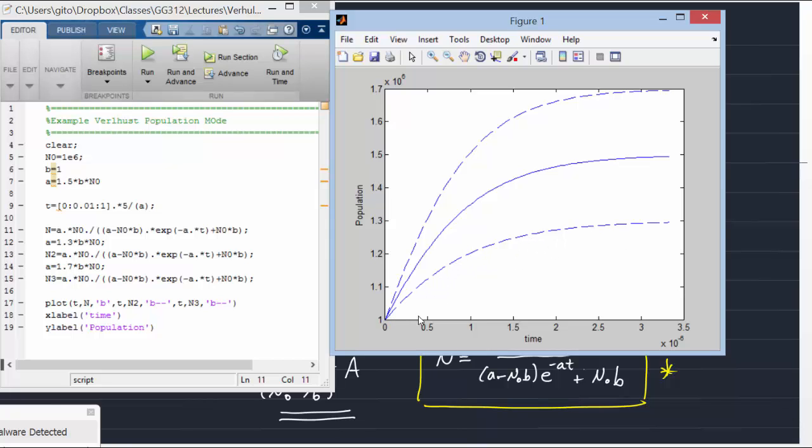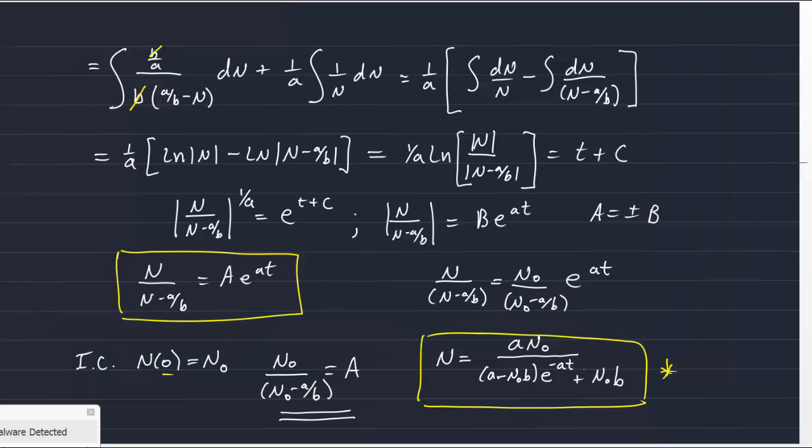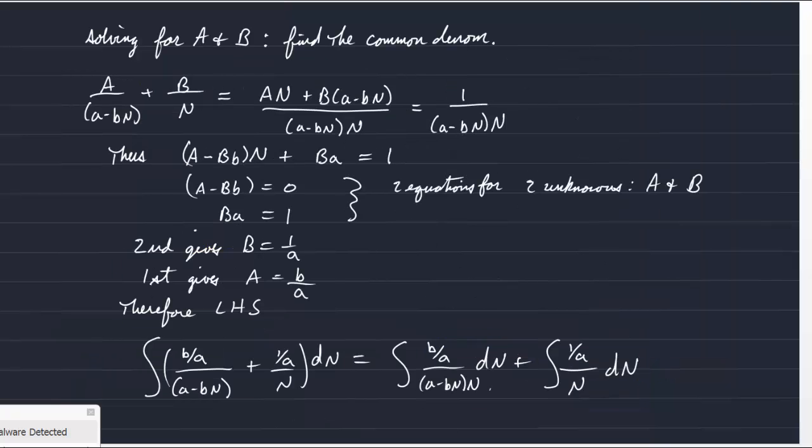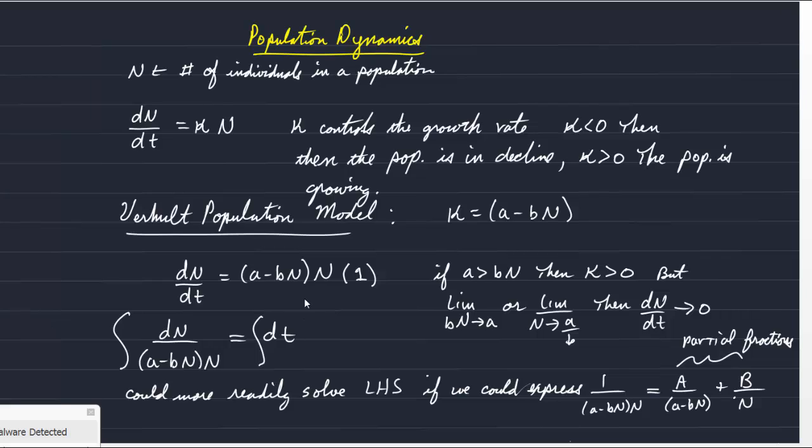And you can see, as you might predict, that the growth rate starts off high, but eventually tapers off and flattens after a long time. And that's because if we look back at our original equation, the rate of growth is equal to kappa, which is a function of n, times the population itself.